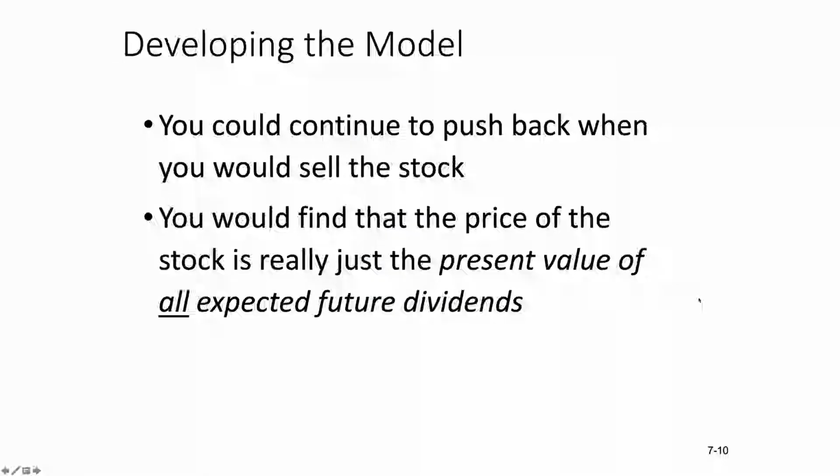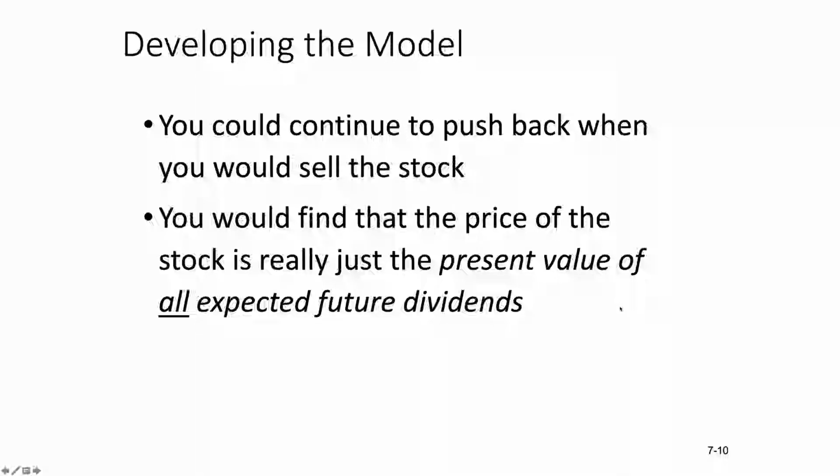Based on the expansion, we can do 4 periods, 5 periods, 6 periods. Let n grow more and more. You will find out the price of a stock is really just the present value of all expected future dividends.